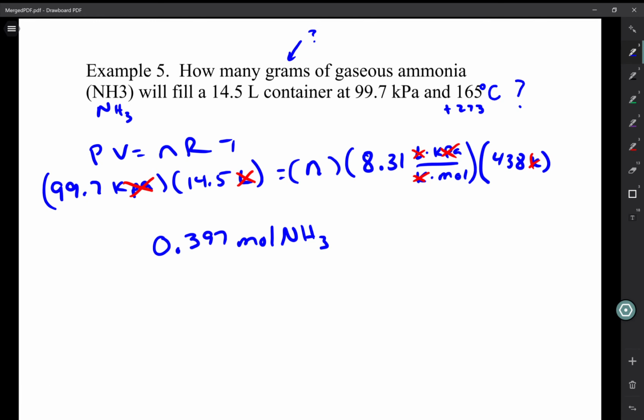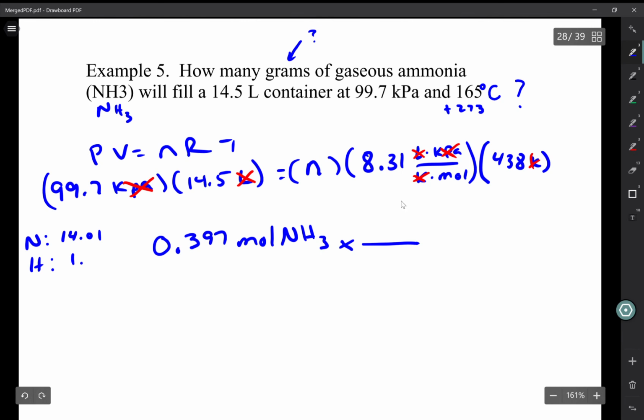All right, but now we want grams. So that means we have to take the moles and convert to grams. Remember to do that, you have to add up the molar mass. So if you look in your periodic table, nitrogen's molar mass is 14.01. Hydrogen's molar mass is 1.01, and you have 3 of them.